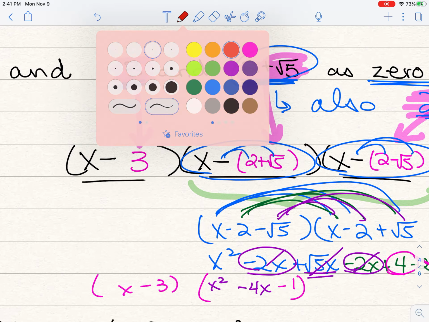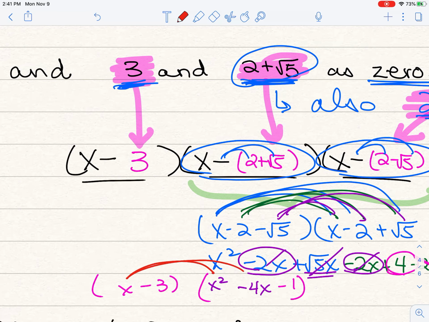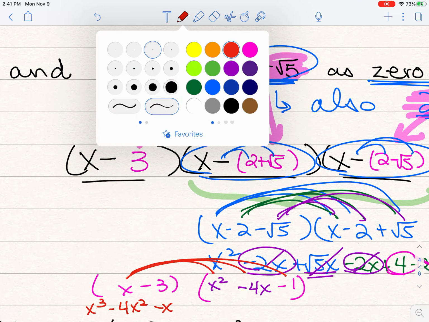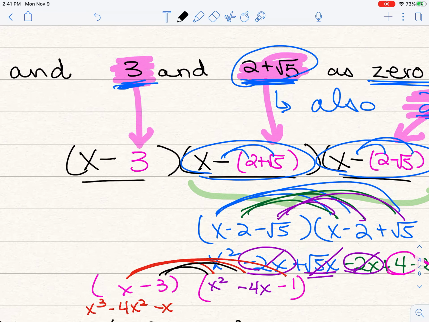So I'm still going to FOIL that out, and x multiplies to all of these parts: x to the third minus 4x squared minus x. And then I'm going to multiply the negative 3 into those 3 parts as well: minus 3x squared, positive 12x, plus 3.